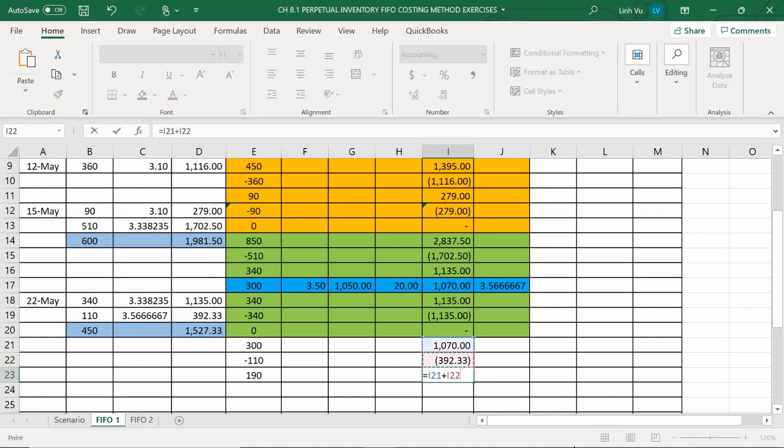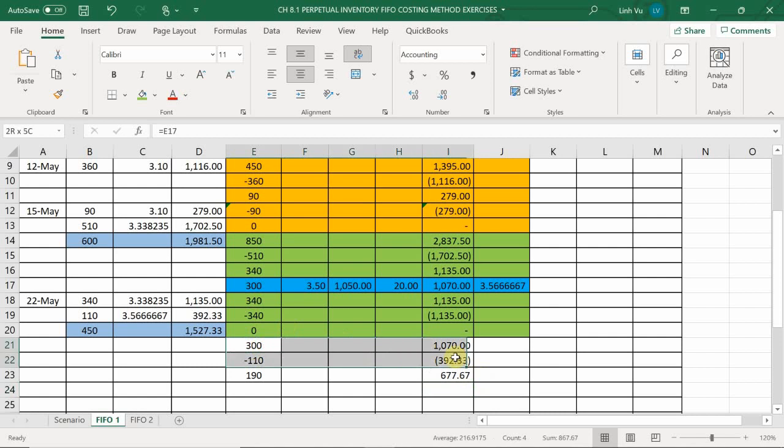So what is going to be my remaining balance for the leftover 190 items? $677.54. Not 54.